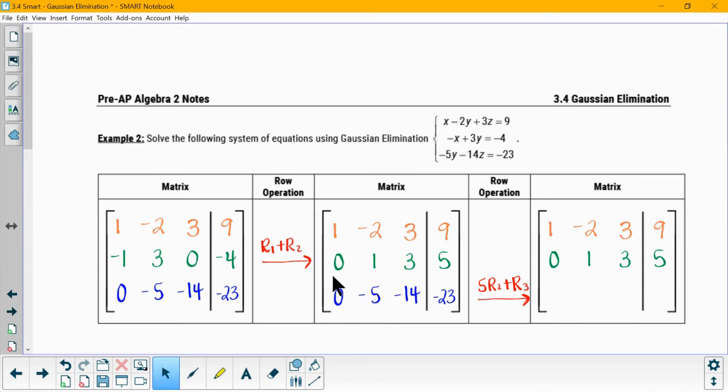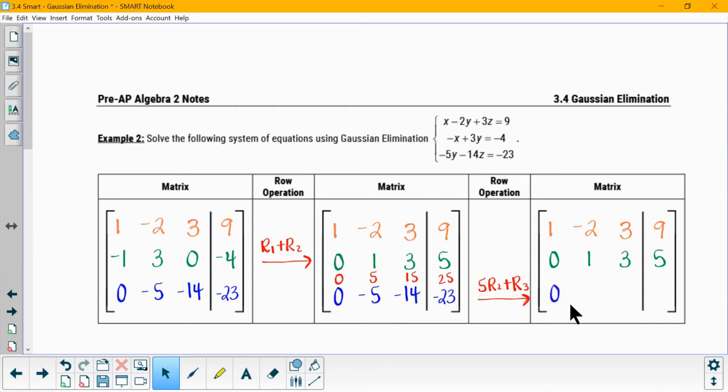So I like to write underneath my values the multiplied version. So 0 times 5 is 0, 1 times 5 is 5, 3 times 5 is 15, and 5 times 5 is 25. Now I can go ahead and add these two rows together to get my new row 3.